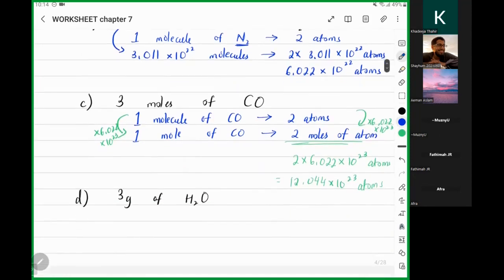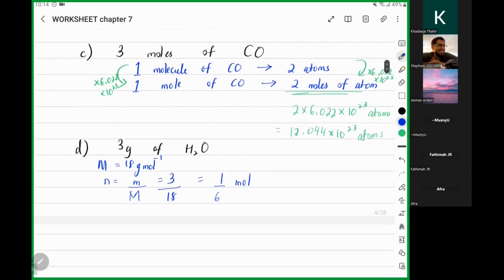Okay. Then 3 grams of water. So you know the molar mass of water is 18 grams per mole. So mass over molar mass, 3 divided by 18 is 1/6 mole.